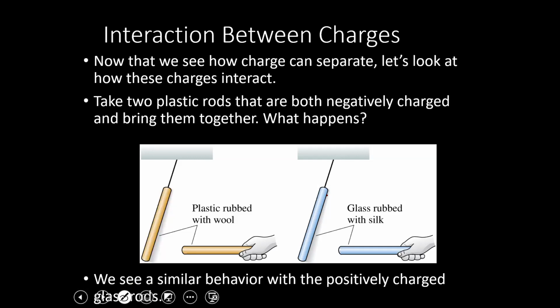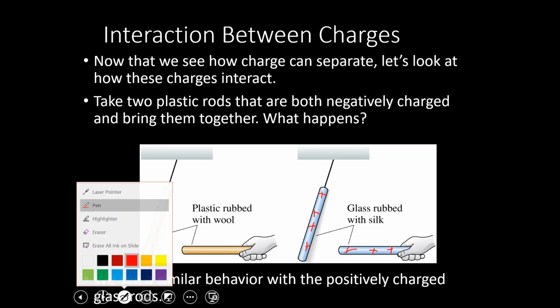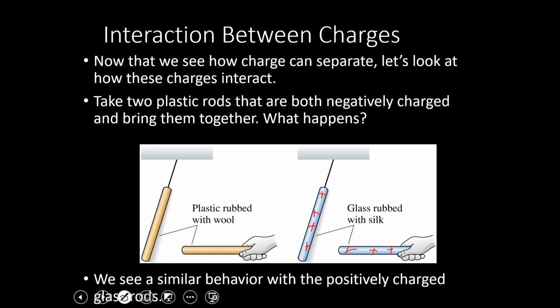Okay, so this has a negative charge here. Negative, oh, sorry, these are positives. Positive, positive. And then the plastic rubbed with wool is going to give us a negative charge. So we have these two negatively charged objects in the case of the plastic rods, or positively charged objects in the case of glass rods.